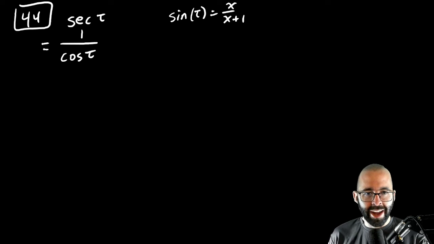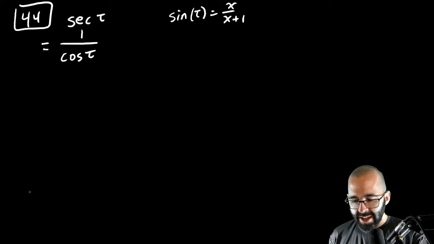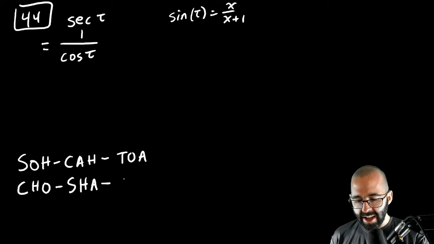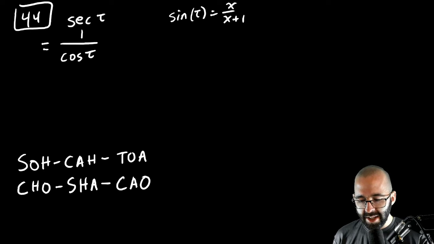We have SOHCAHTOA for regular trig functions. So the cosecant is the hypotenuse divided by the opposite. The secant is the hypotenuse divided by the adjacent. And the cotangent is the adjacent divided by the opposite.